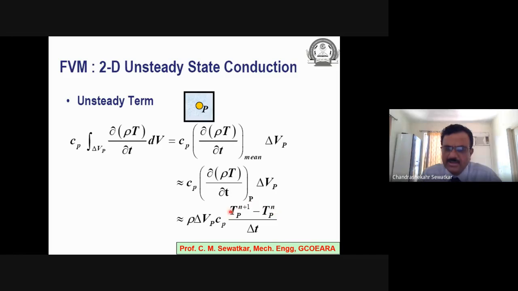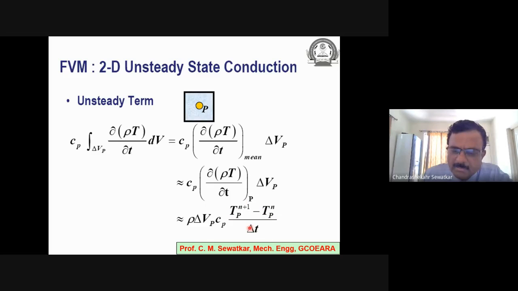So essentially, we take into consideration the temperature at two consecutive time instances, which are separated by a duration of delta t. We take into consideration the temperature difference between two consecutive time instances.